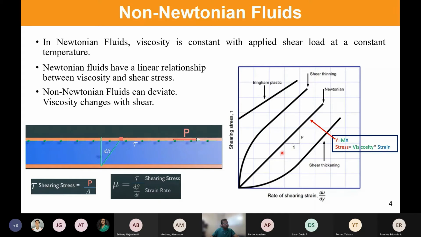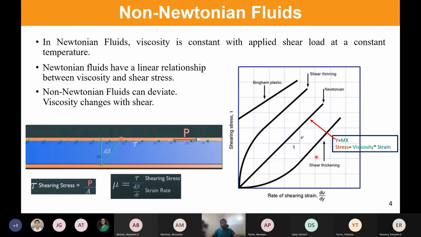The more stress you put, the more strain you see, and the slope is linear, or you can say unit or 1. However, that's not the reality. In reality, it's not so straightforward a relationship. The more stress you put, for some liquids you would see that the strain rate is getting lower, meaning it's getting harder to move particles around the more force you put.